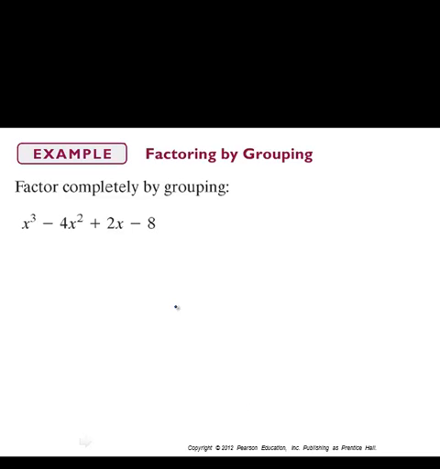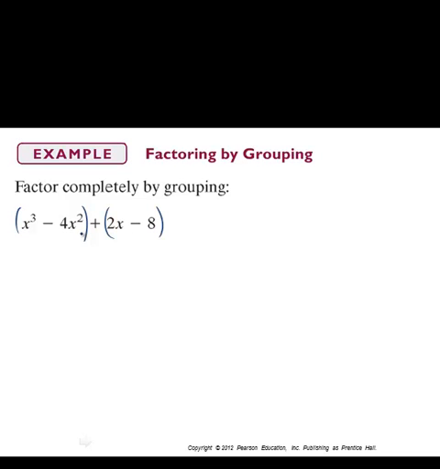All right? Here we've got this quadrinomial, 4-term polynomial. We can factor by grouping. Now, we're not able to do this with every third degree polynomial, but for this one we can. Just look at the first two terms, look at the last two terms, and see if there are any common factors that you can pull out.